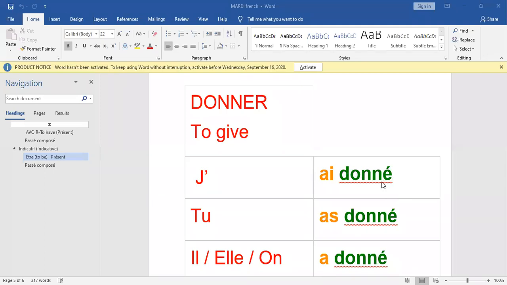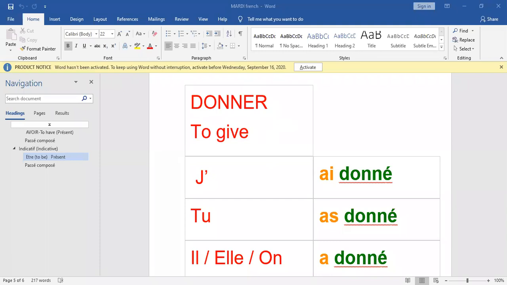As you have seen, donné is the past participle of this verb, the verb to give. So for all regular ER verbs, remove letter R, and add accent aigu on top of your letter E.